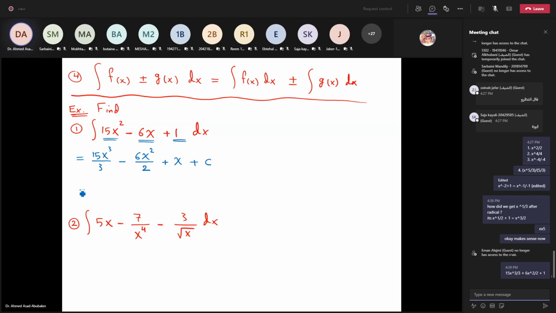After we simplify, we have 5x to the power 3 minus 3x squared plus x plus c. So this is the final result.